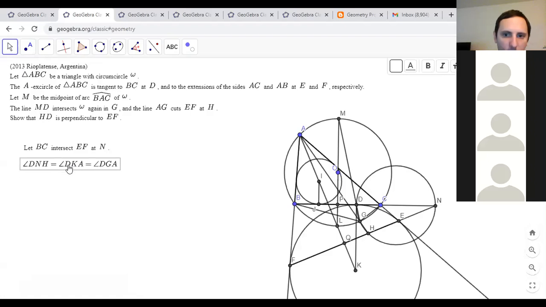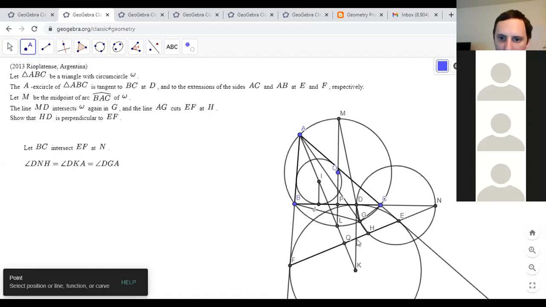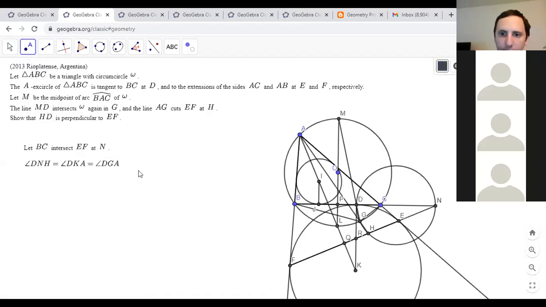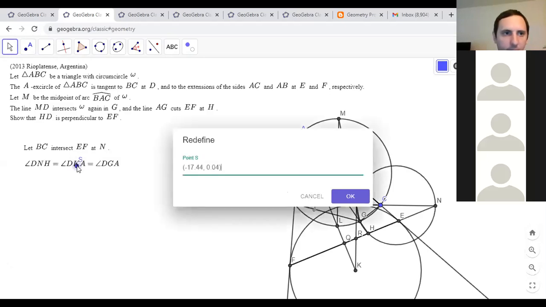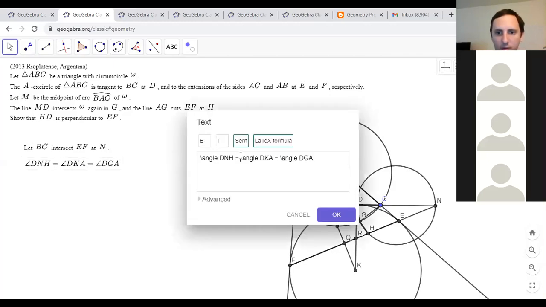DNH is 90 minus DRN. No, no, DNH is equal to DKA.